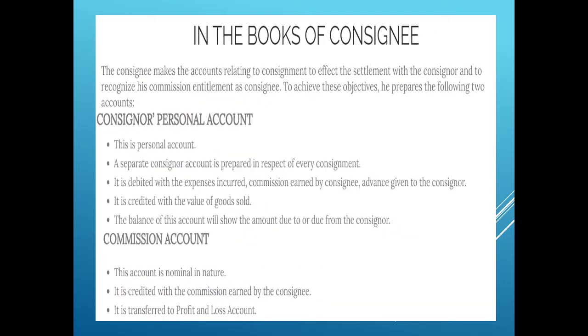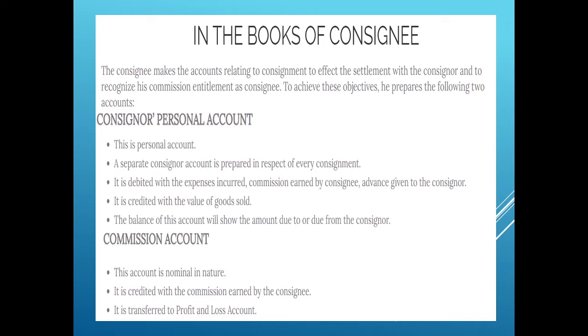Next, in the books of the consignee, we are preparing two accounts: the consignor's personal account, and another one, the commission account. This is a personal account because it is a consignor account.